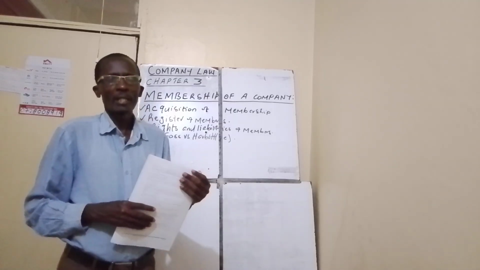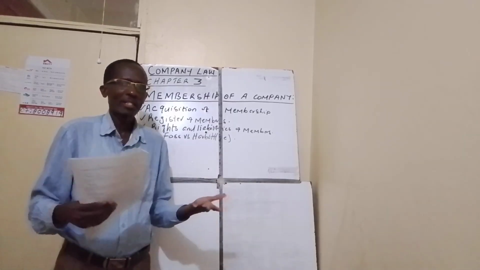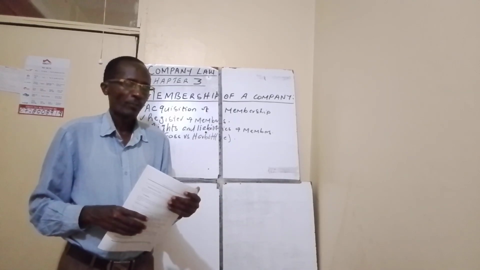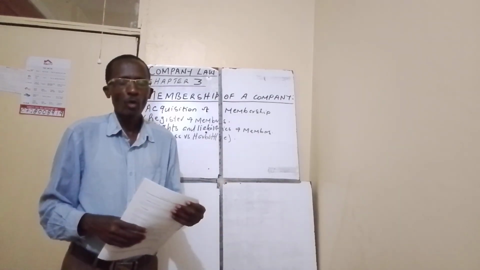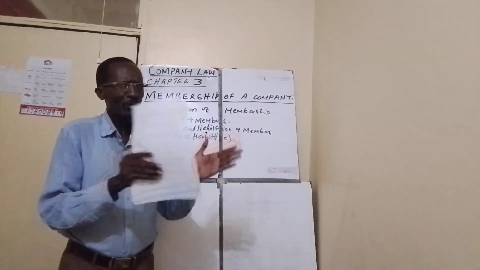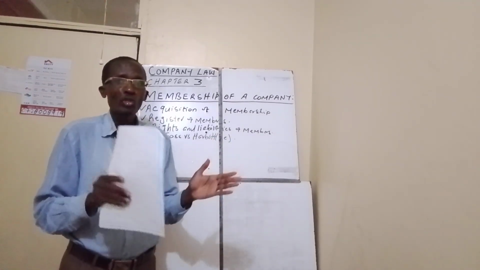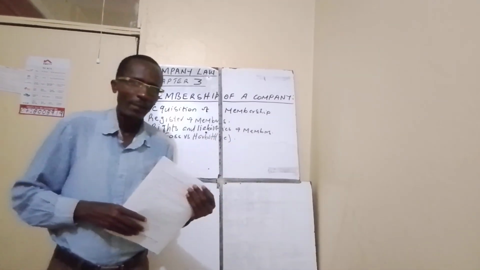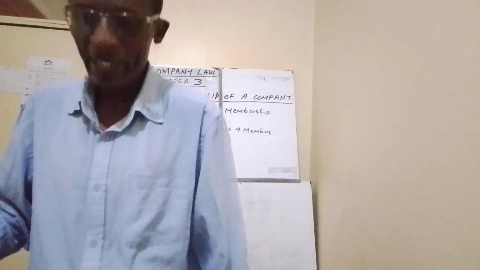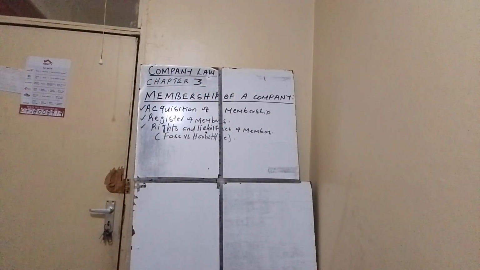If, for example, we have a company with 20 preference shareholders or 13 ordinary shareholders, there are certain rights which they enjoy collectively.